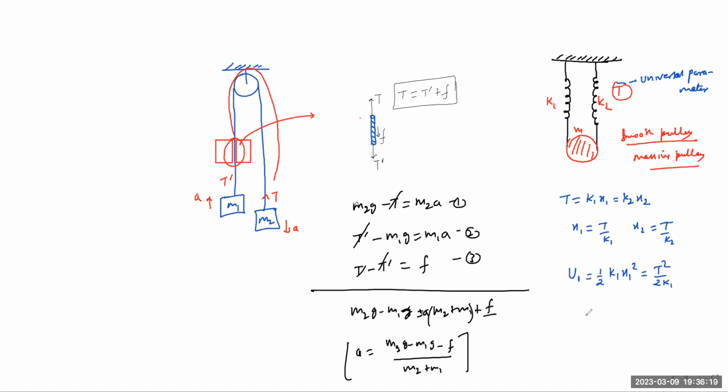And U2 will be how much? So this way of writing the energy is okay, clear?